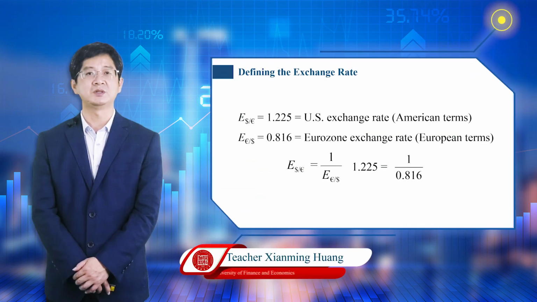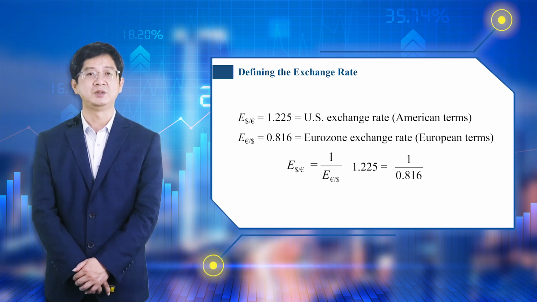We write these exchange rates using mathematical symbols as follows, with care given to the explicit expressions of the relevant units. Exchange rate of US dollars per euro is equal to 1.318. This is the US exchange rate, in American terms.